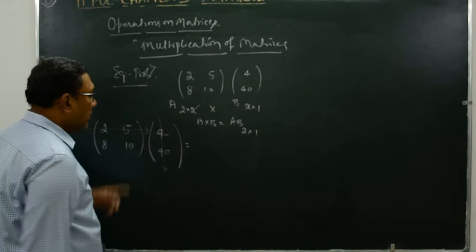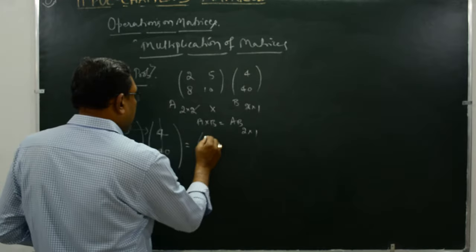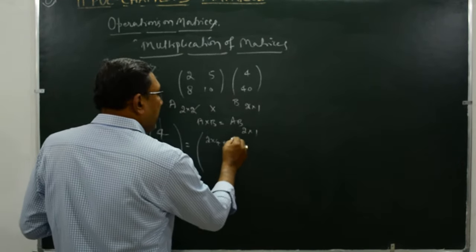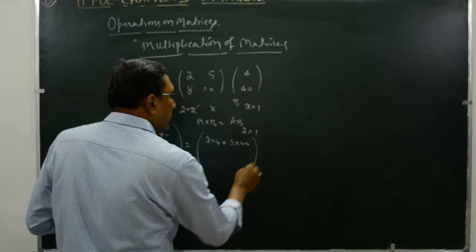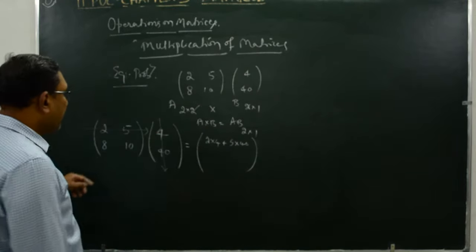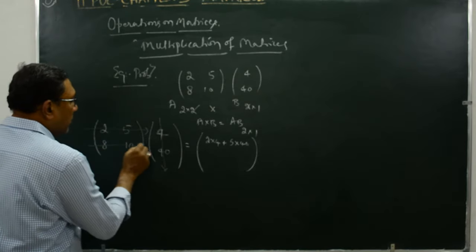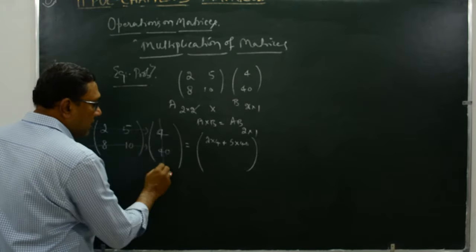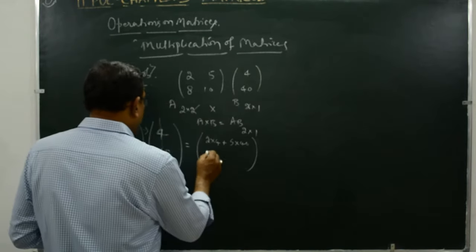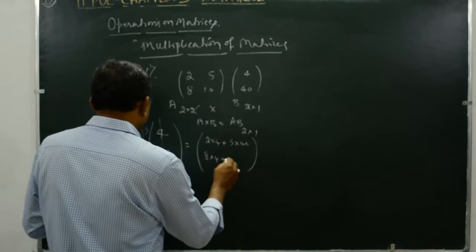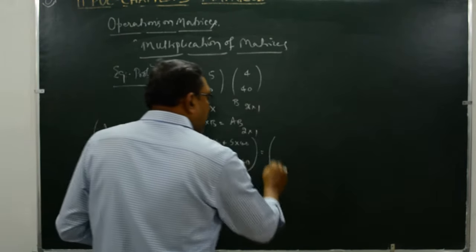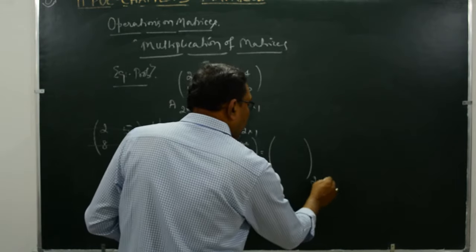So what do we get? It is 2 into 4 plus 5 into 40. This is the first element of the resultant matrix. If you take the second row and overlap it on the column of the second matrix, what do we get? 8 into 4 plus 10 into 40. So the resultant matrix will be of order 2 cross 1, 2 rows and 1 column.